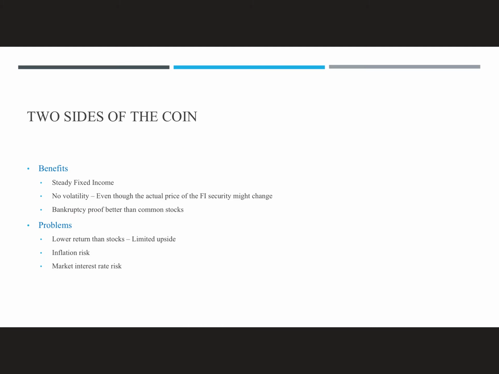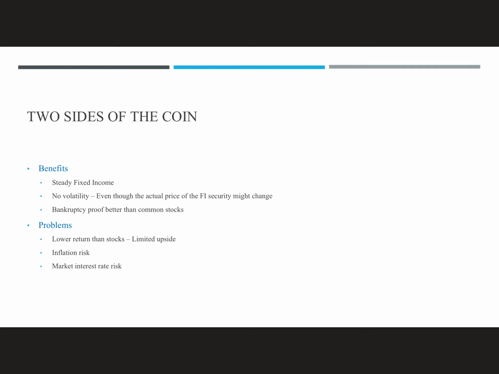So now we understand the common characteristics of a fixed income security and some of its types. Now we need to understand what the benefits or problems associated with these fixed income securities are, and why we essentially invest in these kinds of instruments.